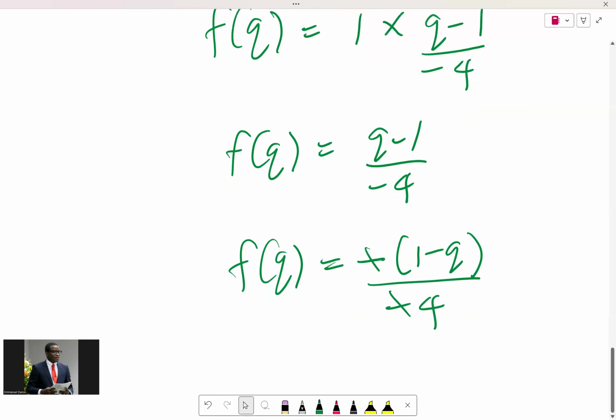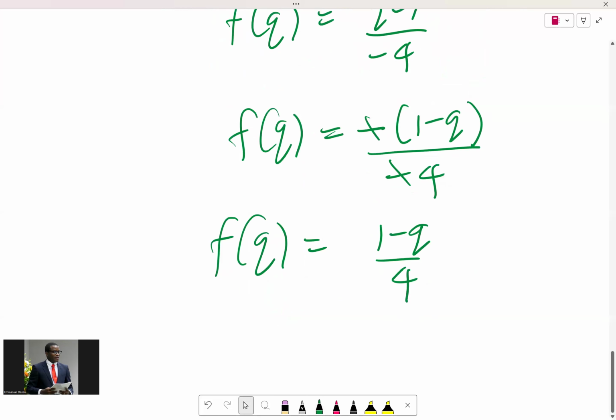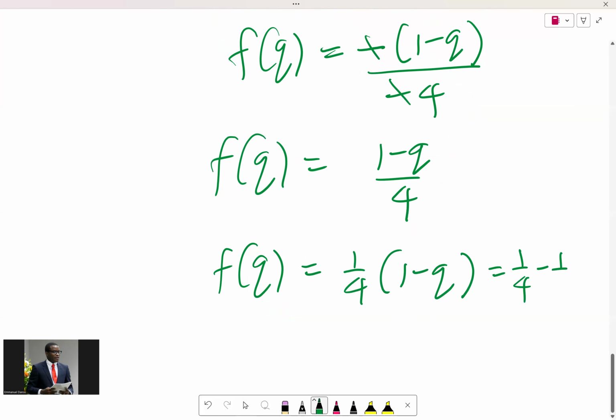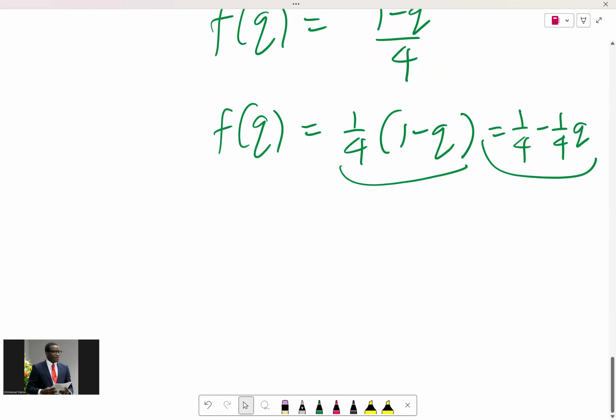So the minus cancels out, and you have f of q equals (1 - q)/4. That simply means f of q is equal to 1/4 into (1 - q). Of course, that can also be 1/4 minus 1/4 q, but I'm going to leave it like this.